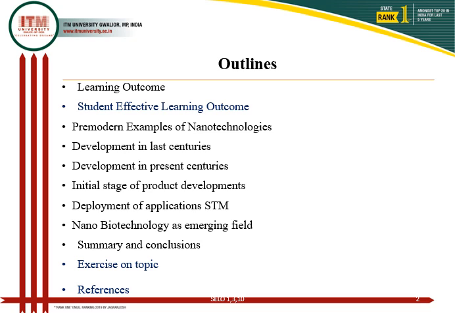We begin with the learning outcome, then the student specific learning outcome we will discuss. In this lecture, we will start with pre-modern examples of nanotechnology, then what we developed in the last century, then in the present century.